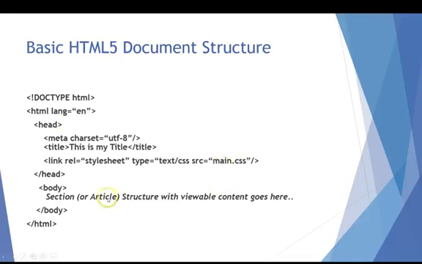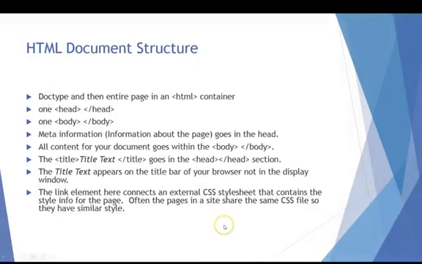Okay? So then we have the body, and all the content for the page that the user can see in the web browser goes in the body. And we'll see in a second that we're going to use this section style, and it has a bit more structure. So if we look at our document structure again, the doc type is the first line.